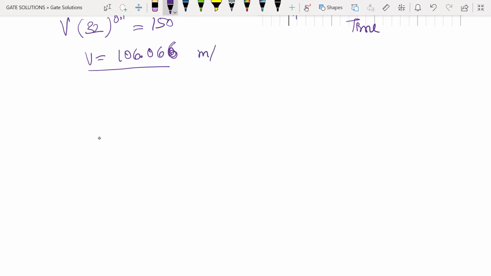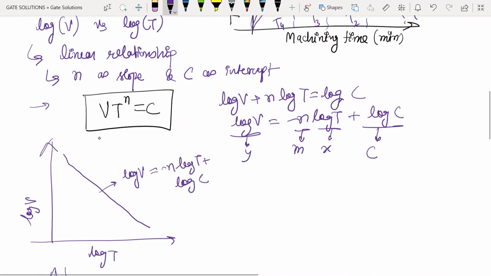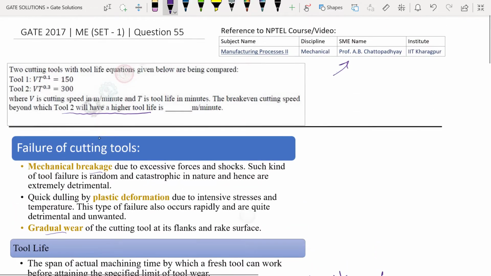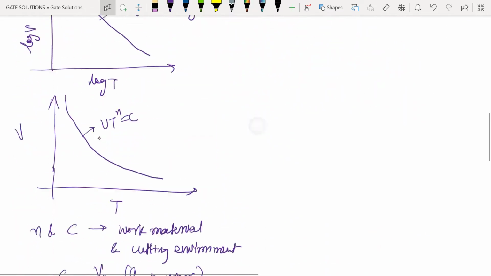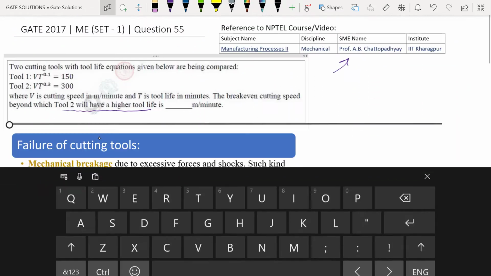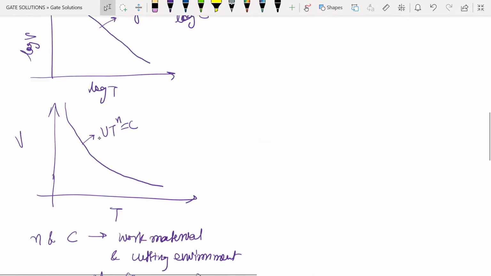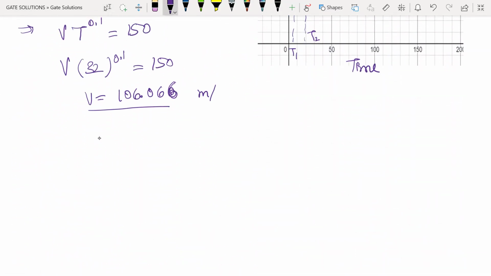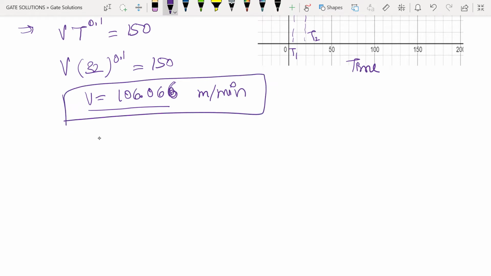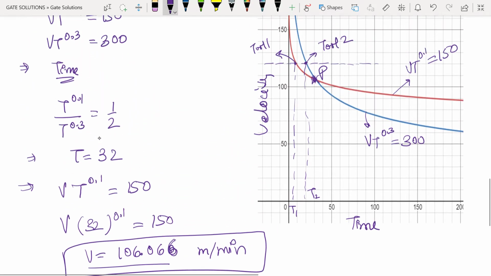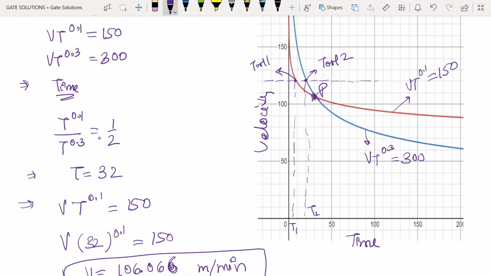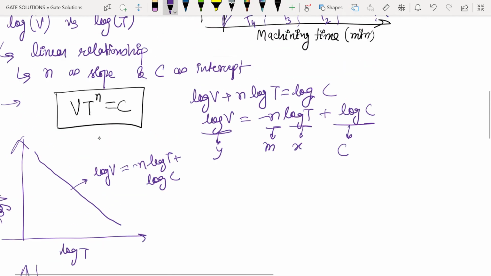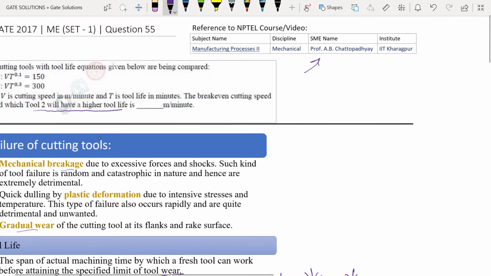The unit of this is meter per minute. We can validate this result by this graph also. Here we found this is nearly 106. So our answer is 106.06.